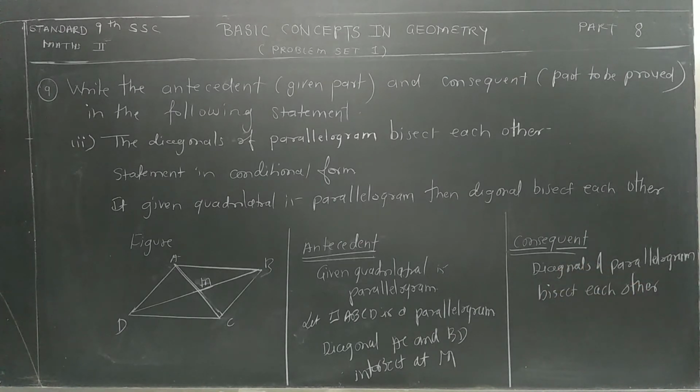Bisect means divide into two equal parts, like AM is equal to MC, and DM is equal to MB. So this is the way we are going to write the antecedent and consequent.